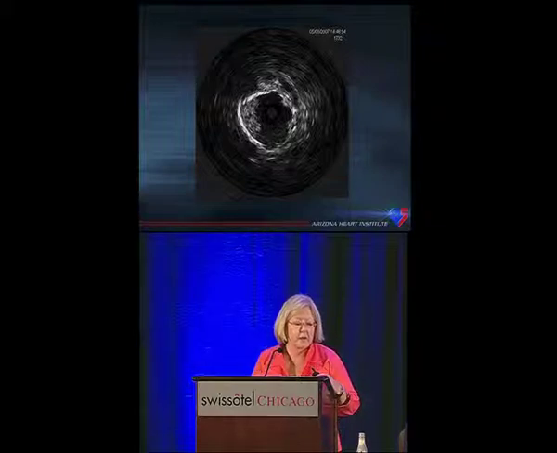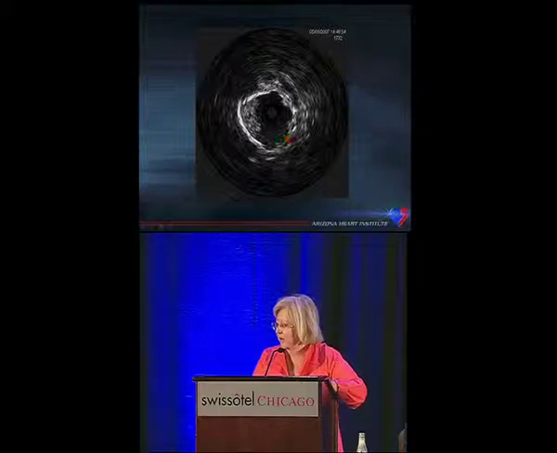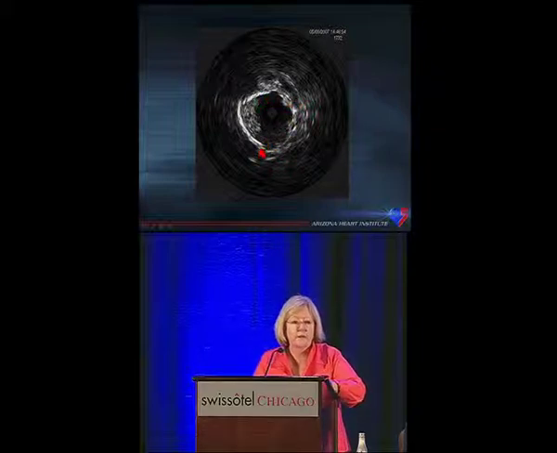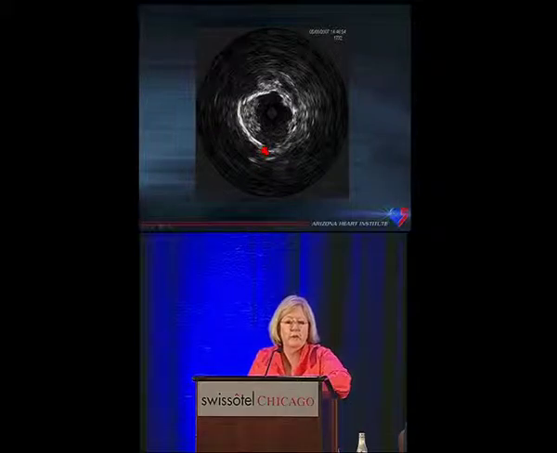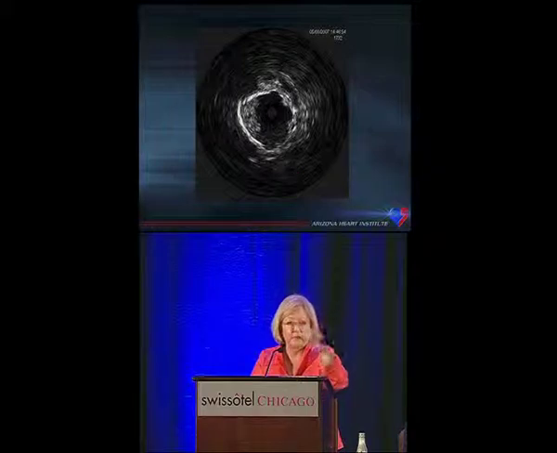So here it is, an image of after you use the Silverhawk. You can see where you've taken bites out of the inside of the vessel. And we've used cutting balloon in this situation to try to expand the lumen. So we just don't have the best tools. You want to just go in there with like a cutting blade and just take it around and shave out all that stuff.